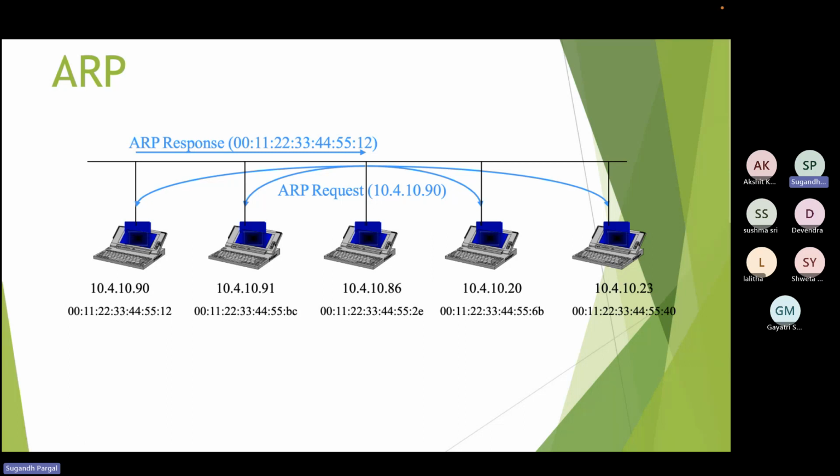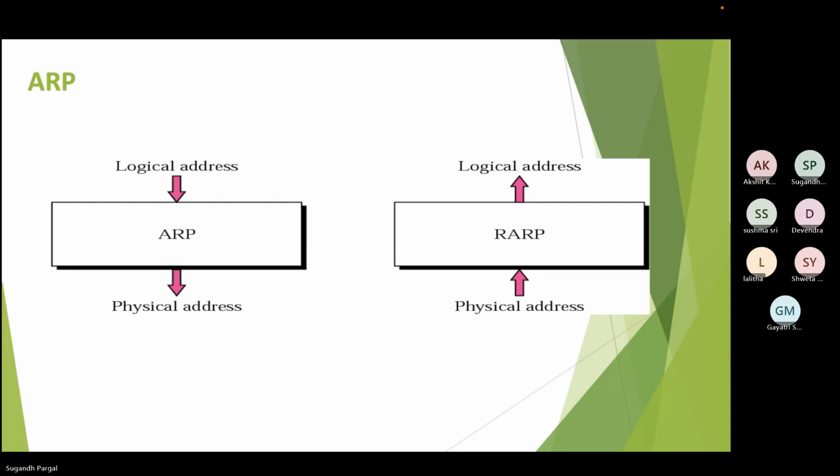As the ARP response, that MAC address is sent to the sender. So this is what ARP does: it takes the logical address, that is the IP address, and converts it into the physical address.